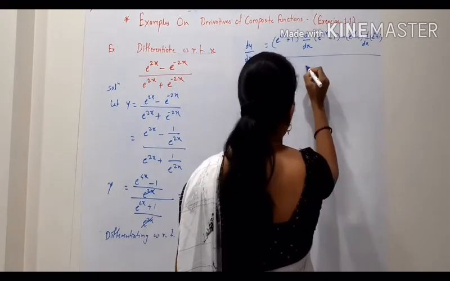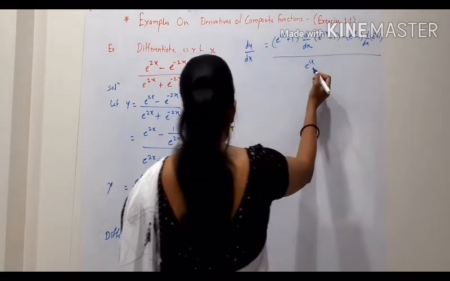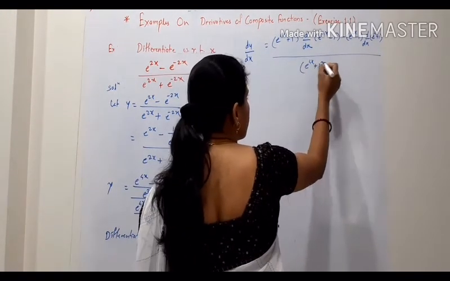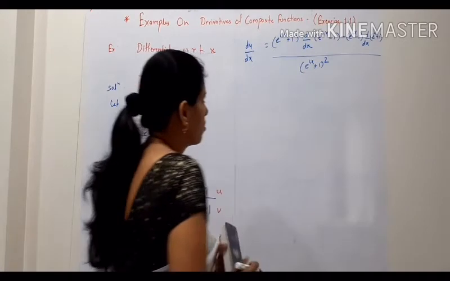The denominator is e raised to 4x plus 1, whole square.